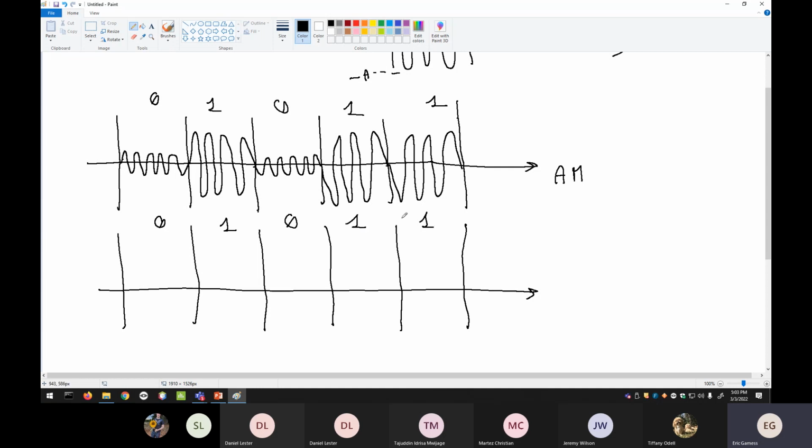So we will have two different frequencies, a high frequency for 1 and a low frequency for 0. So this is a 0. So we have a low frequency, which means that we have a signal like that. And then we want to represent a 1. We are going to put a high frequency, which means that the frequency is like that, no?